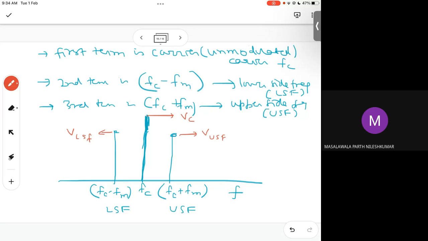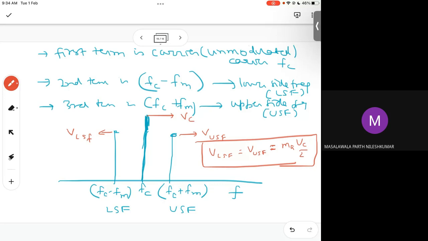Or sometimes we use the word lower sideband or upper sideband, when it is a band of frequencies. So in this case, your V lower side frequency is equal to V upper side frequency, which is given as MA VC by 2. So this is the amplitude of the two sideband frequencies, which have the same amplitude.